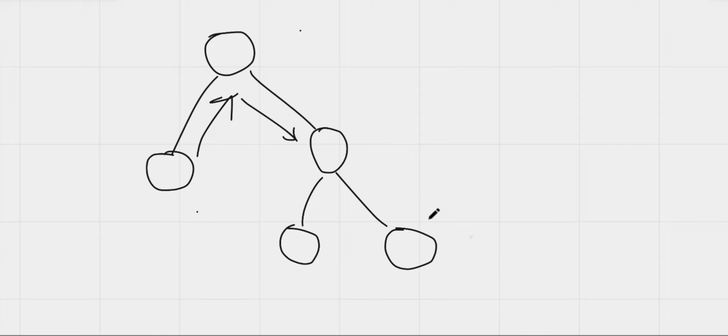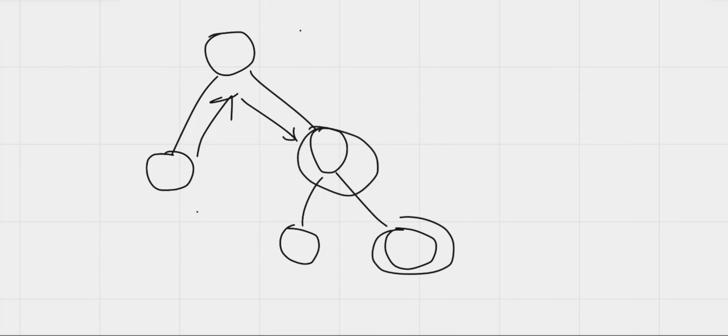For example, this node is a leaf because it has only one neighbor, and this node is not a leaf because it has 3 neighbors. Then in a rooted tree, the parent of a node is the node directly above it. So the parent of this node is this node. Conversely, the children of this node are these 2 nodes. It's nice to have this terminology.